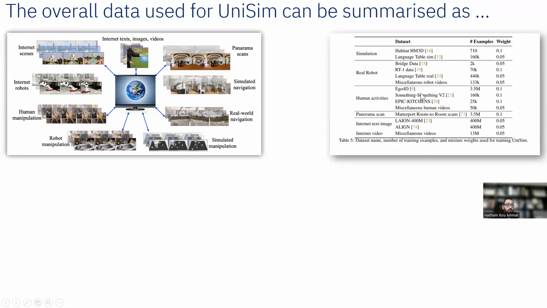They also made use of human activities like Ego4D, Something-Something, panorama scans, and also the internet text-image data and some internet videos, which they also do not fully disclose. During training, this is the weight they use for all of those different data sets when they are training their model.